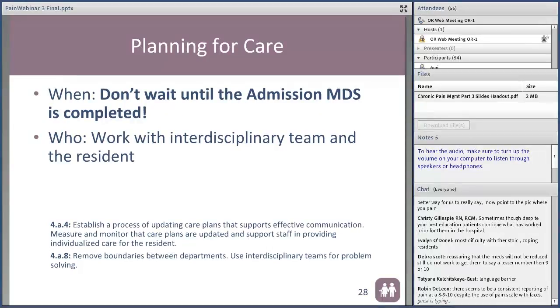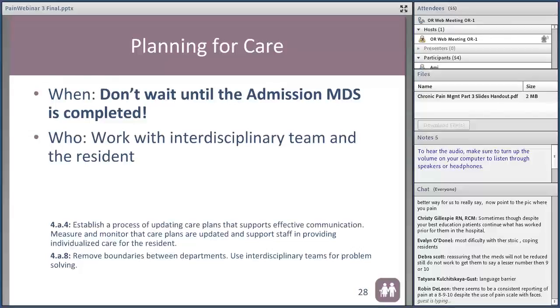Okay, so onward, planning for care. Definitely don't wait, and I can't emphasize this enough, don't wait until the admission MDS is completed. If you do at that point and haven't dealt with the patient's pain, they are going to be unhappy customers, they are going to be in pain, and they're going to have a lot of concerns and complaints because of that.